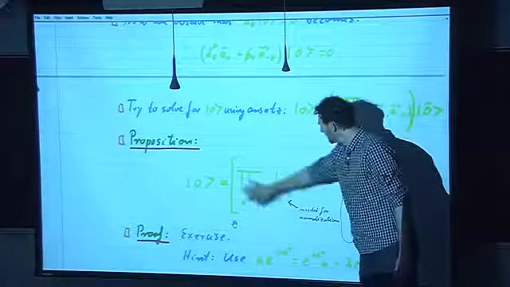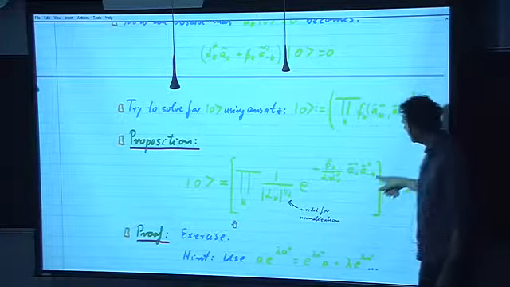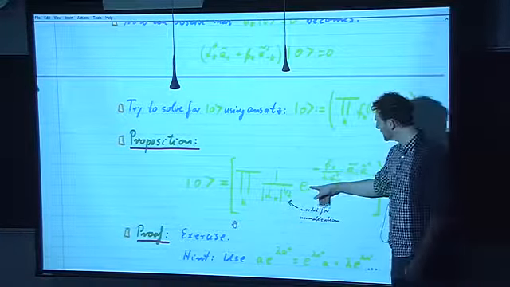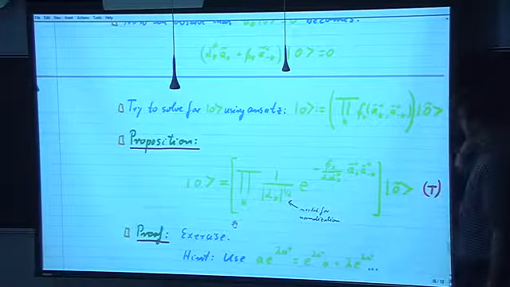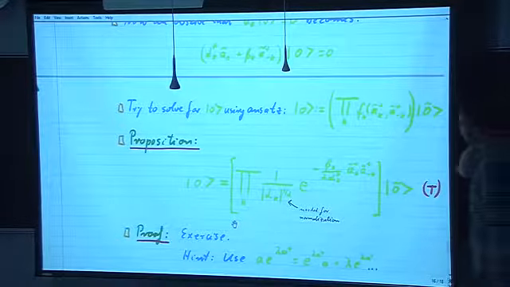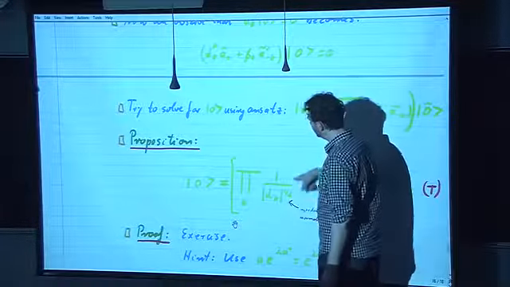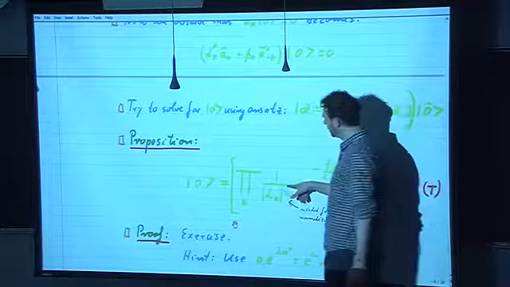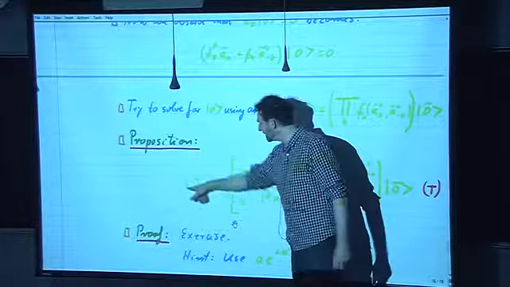So it's a product of all those exponentials, which you could also write, of course, as the exponential of the sum, or integral, it doesn't matter. This is just a normalization factor that is needed to show that this is normalized.